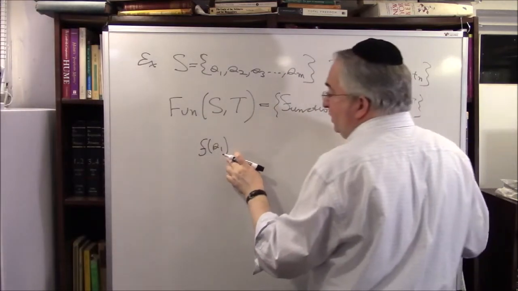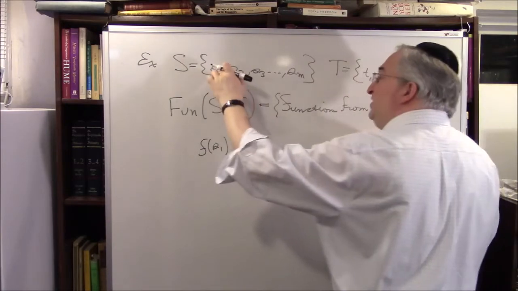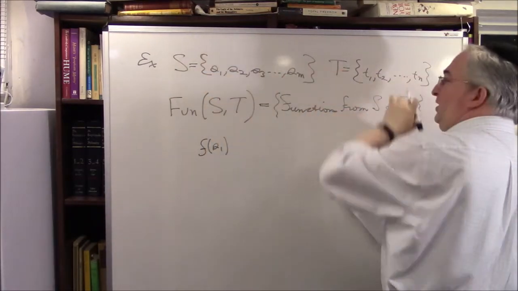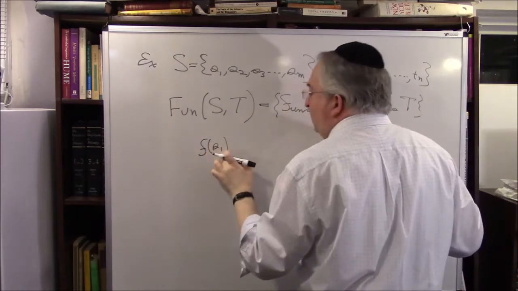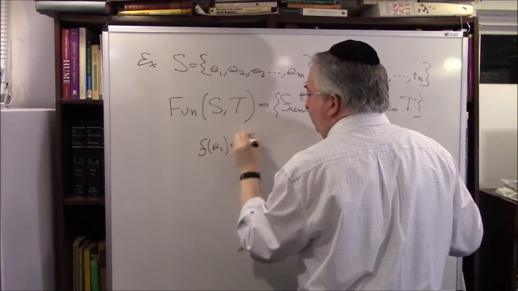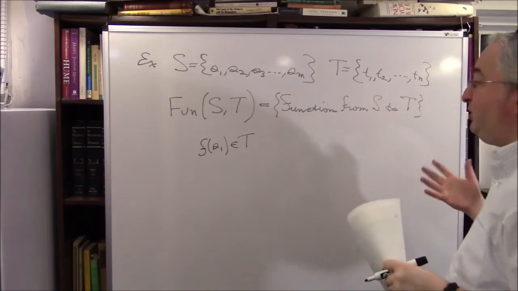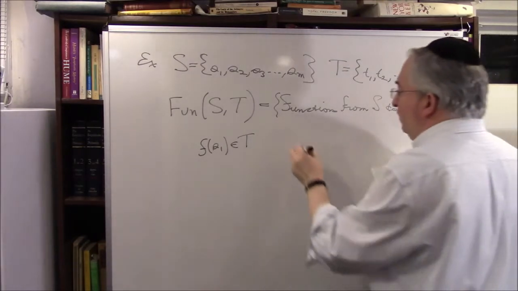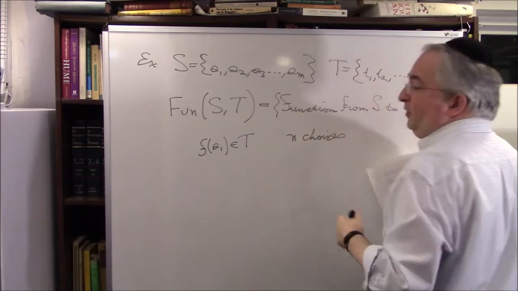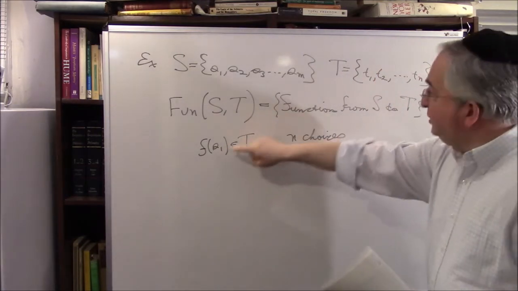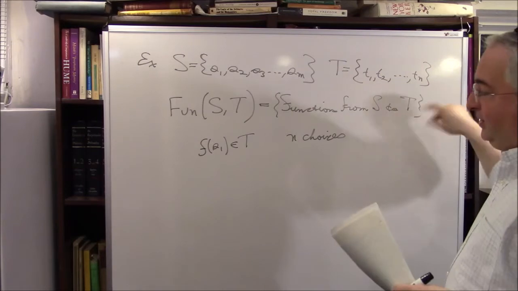A function is going to take some guy in here to here. So f is going to choose some guy in T. How many choices are there for a guy in T? There are n choices for that. Little f of s1 could be any one of these n things. There are n choices.